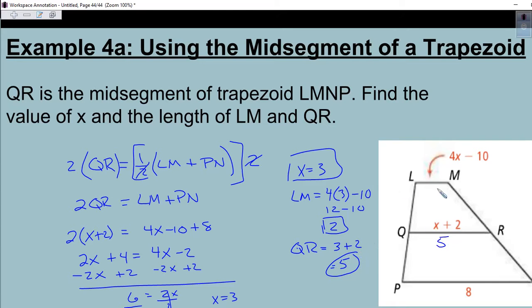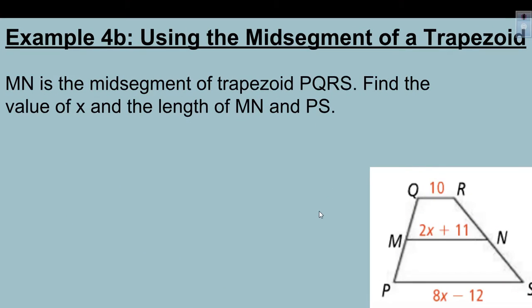So we got 5 here, we got 2 here. Notice that the difference between 2 and 5 is 3, and the difference between 8 and 5 is 3, so we know we did it correctly. All right, so you guys try the next one. Find the lengths of MN and PS, and find the value of x.